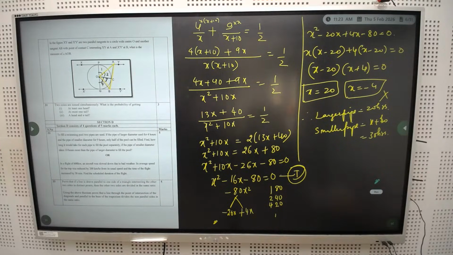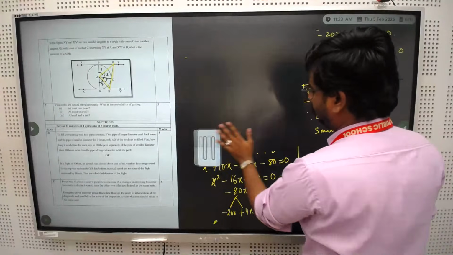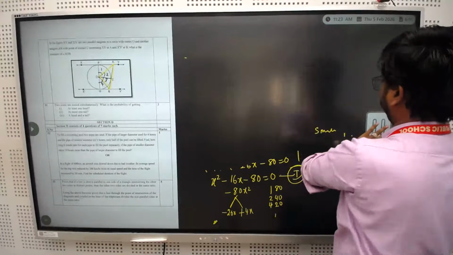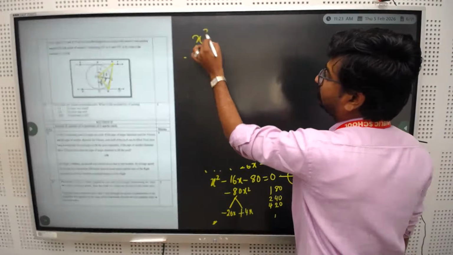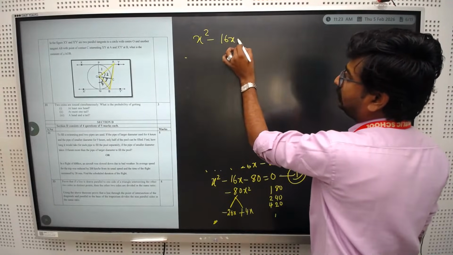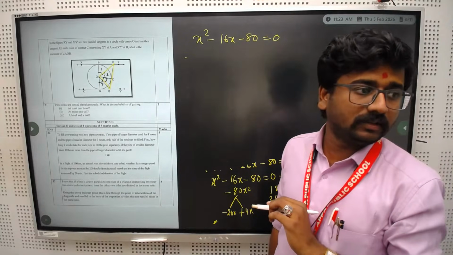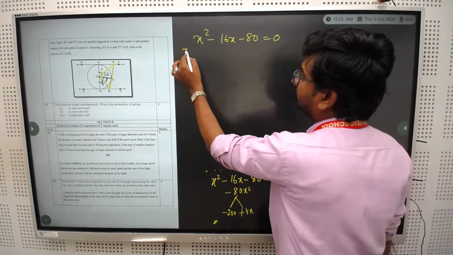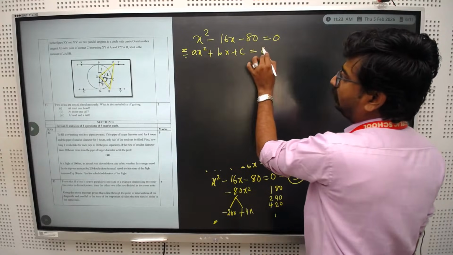Now let me solve. Formula method. x square minus 16x minus 80 equal to 0. Always write the standard form of this equation. What is the standard form? ax square plus bx plus c equal to 0.